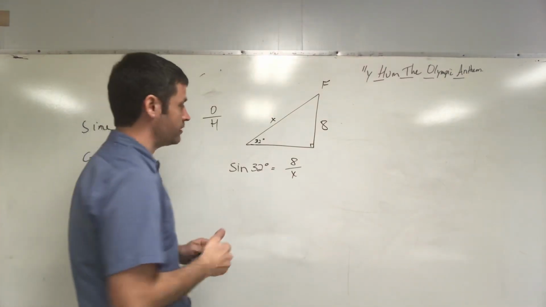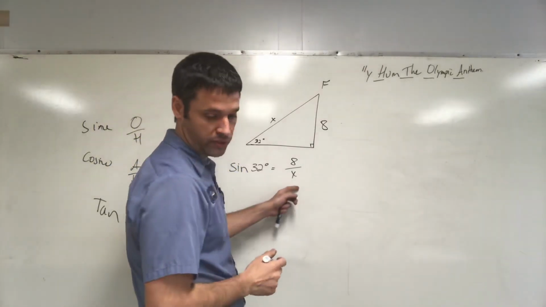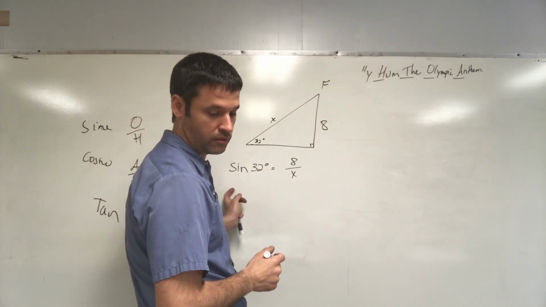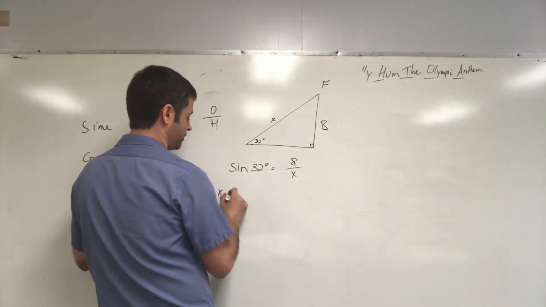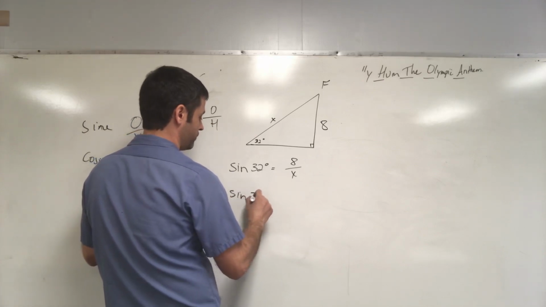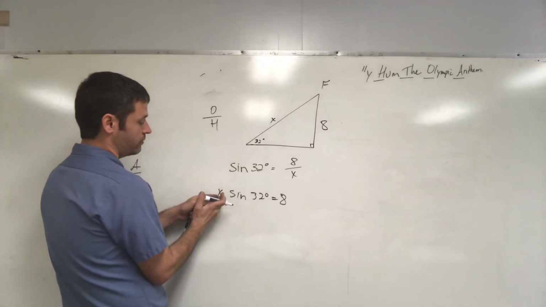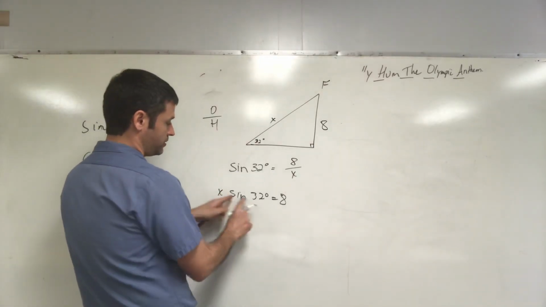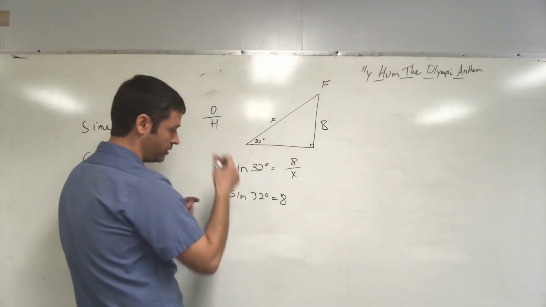Now since this is divided by x, you bring x over here and multiply both sides by x. This is how you could do it. x times sine of 32 degrees equals 8. And then say, well, now I need to solve for x. Since this is x times the sine of 32, you're going to divide both sides by the sine of 32 and get rid of it here.